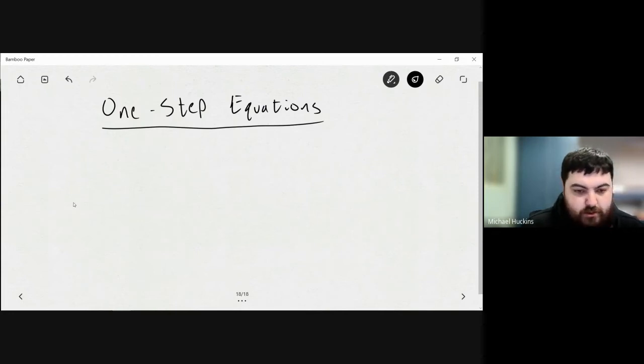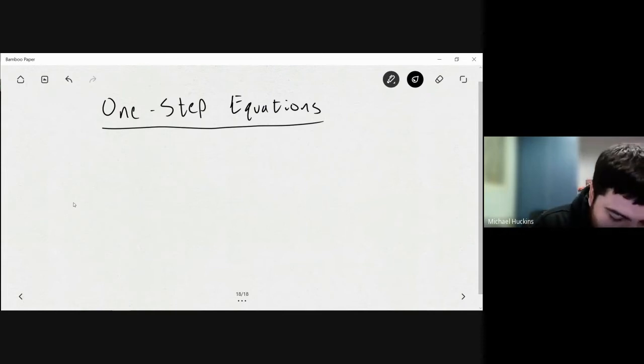Today we're going to actually look at what happens if we have an equation and we need to solve it for a specific variable. So in a one-step equation, there is always one variable we need. And as the title suggests, there is one step, specifically an algebraic step, that we need to take in order to solve our equation. So each of the four operations we'll need to do today are listed as such.